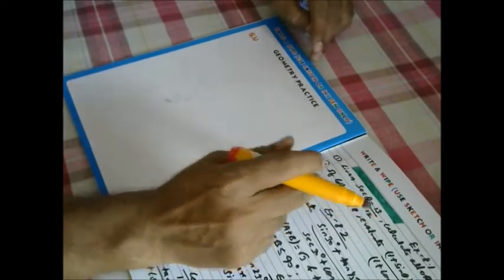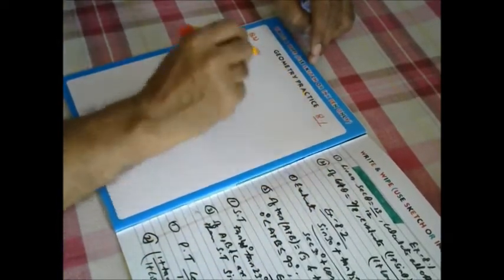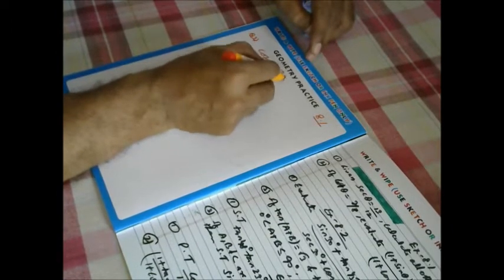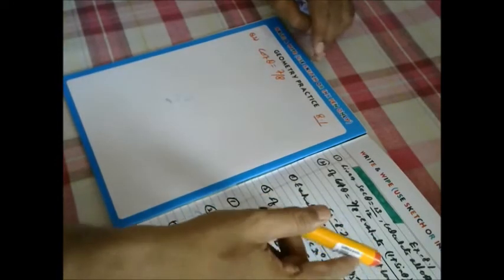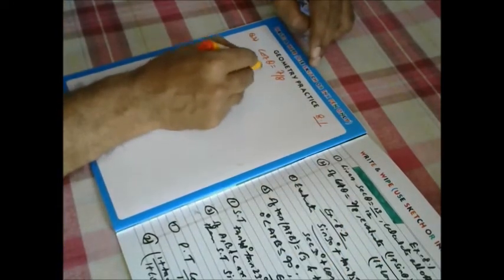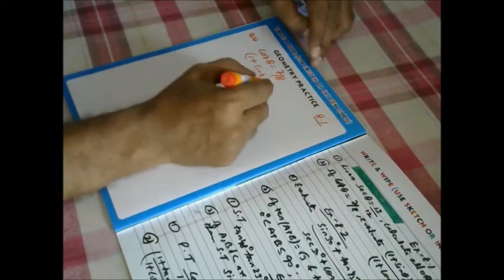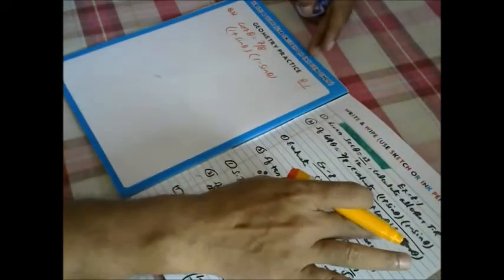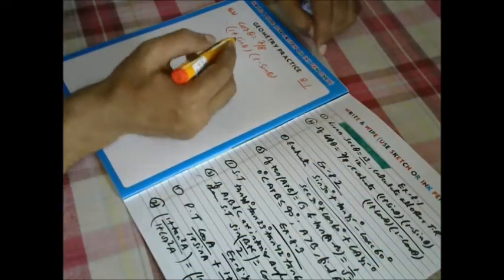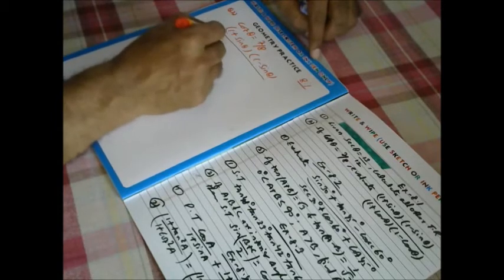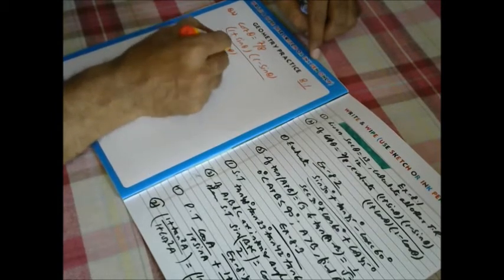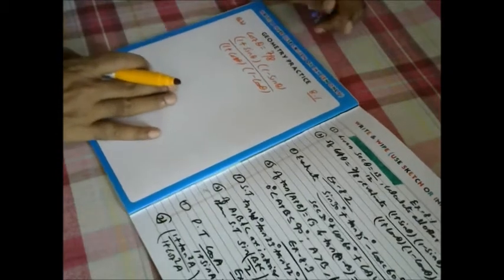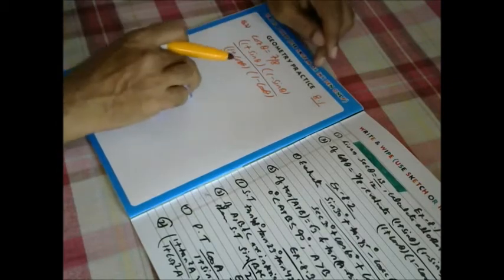If cot theta is equal to 7 by 8, we need to evaluate (1 plus sine theta)(1 minus sine theta) divided by (1 plus cos theta)(1 minus cos theta).